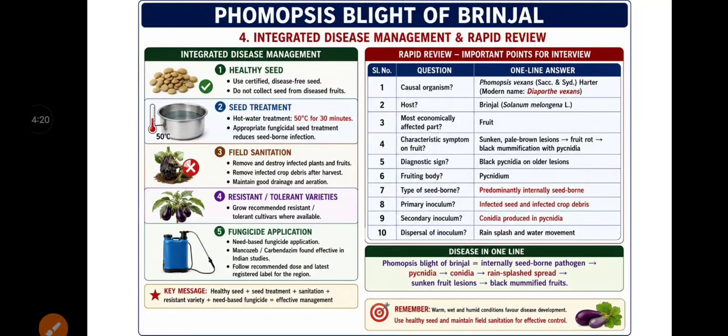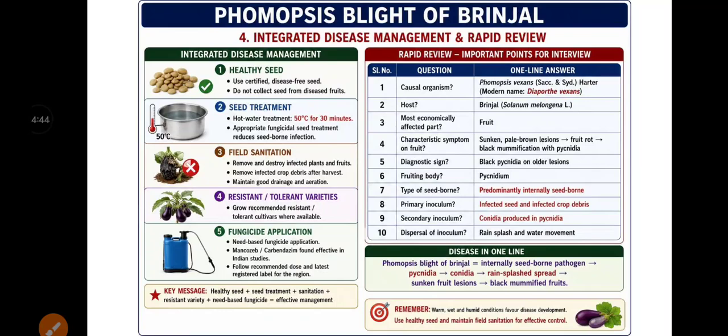For Phomopsis blight, the primary source of inoculum is the infected seed, because it is internally seed-borne, and the crop debris. So our major focus should be to reduce the seed inoculum, or we can just omit the seed inoculum.